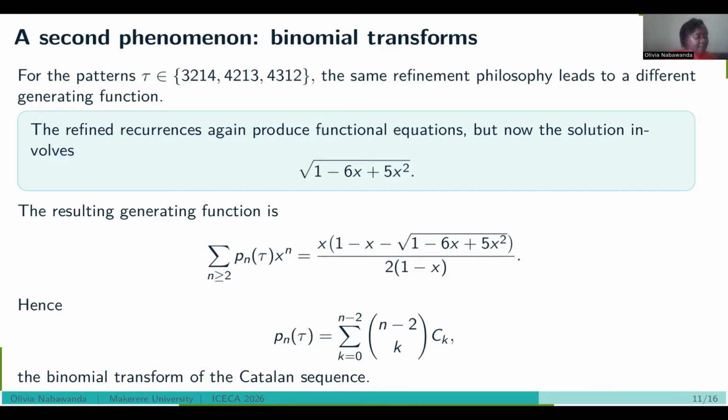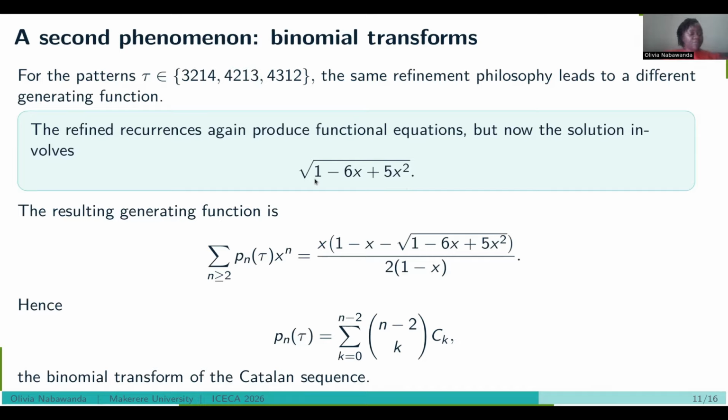Though in this case, realize that something new happens. Instead of the classical Catalan generating function, where we have the square root of 1 minus 4x, the solution now involves this under the square root sign. And this signals that the enumeration is no longer governed by the Catalan numbers.